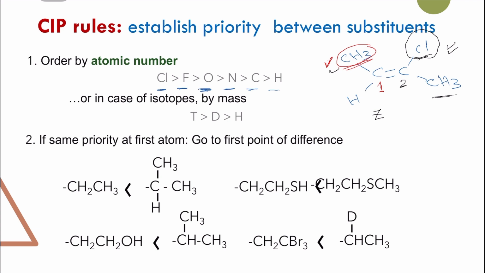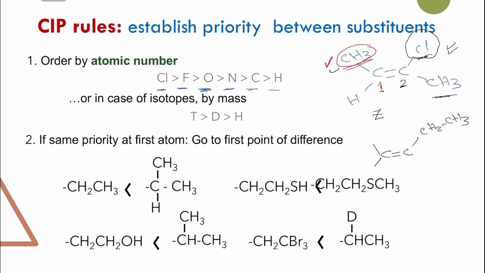Okay, so this first rule is to order by atomic number, and then in case of isotopes by mass. The second rule says that if you have the same priority at the first atom, then go to the first point of difference. What does it mean? Let's say that I have this double bond here, and I have an ethyl group here, CH2, CH3.